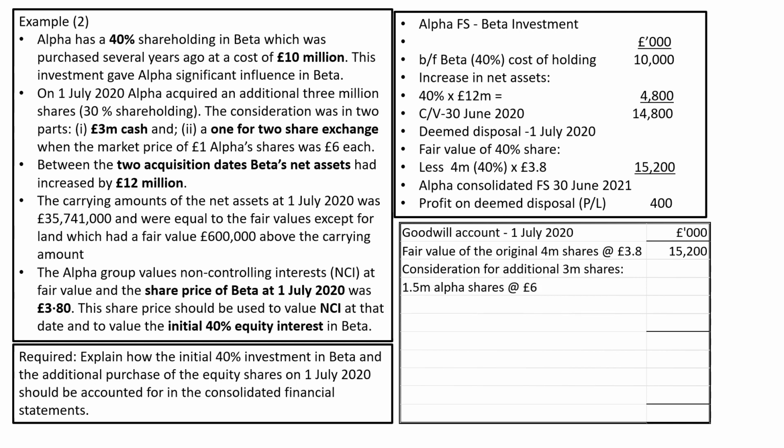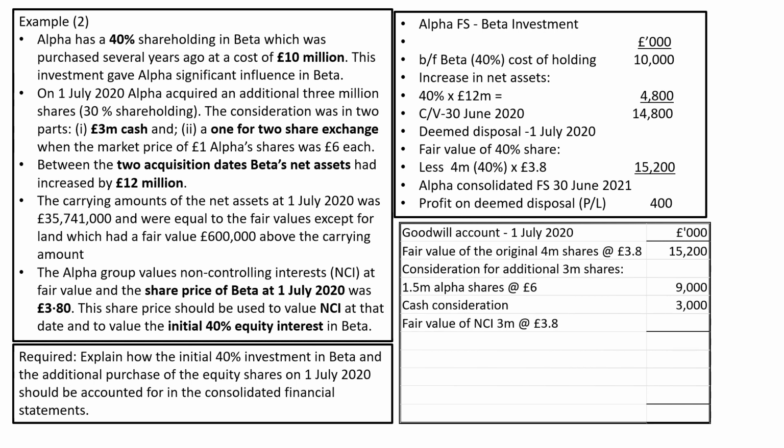The first was that there was a share exchange, and it was a 2-for-1 exchange. So 1.5 million shares of Alpha at £6 gives us 9 million. We add the cash consideration given of 3 million.